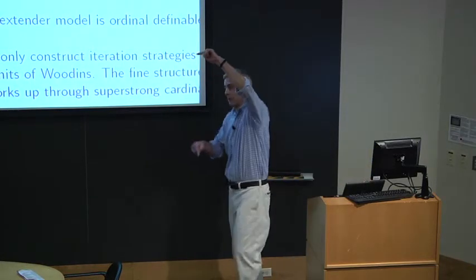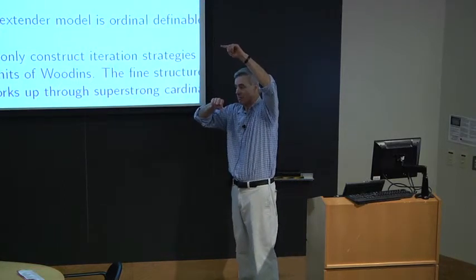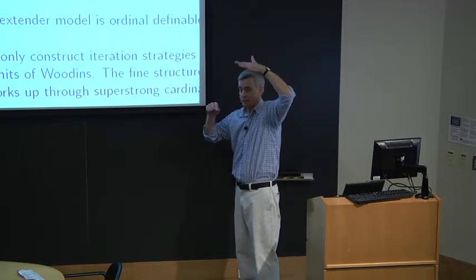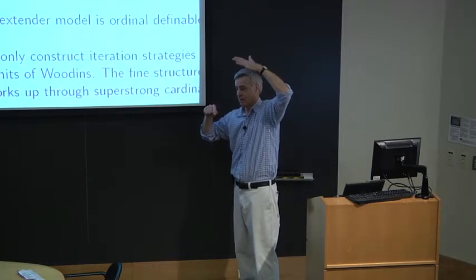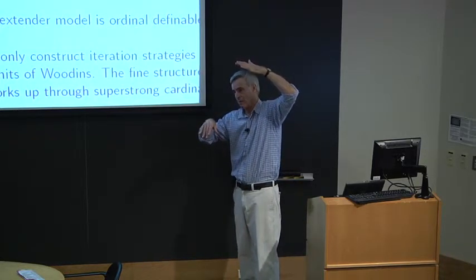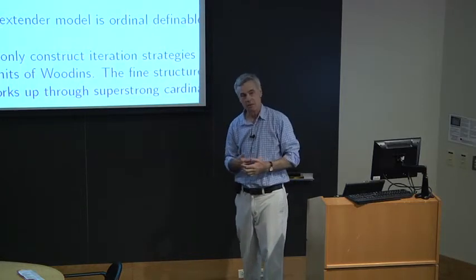Remember, at the top of my picture, there were supercompact cardinals, not superstrongs. Superstrongs are close enough, but supercompacts were at the top. We don't really know what the extender models look like at the level of supercompacts. It's not just that we don't know how to construct iteration strategies. We don't know what their first order form is. And there are some guesses.